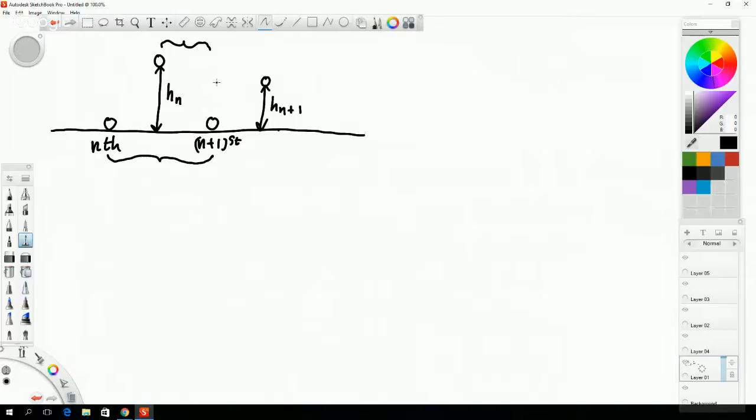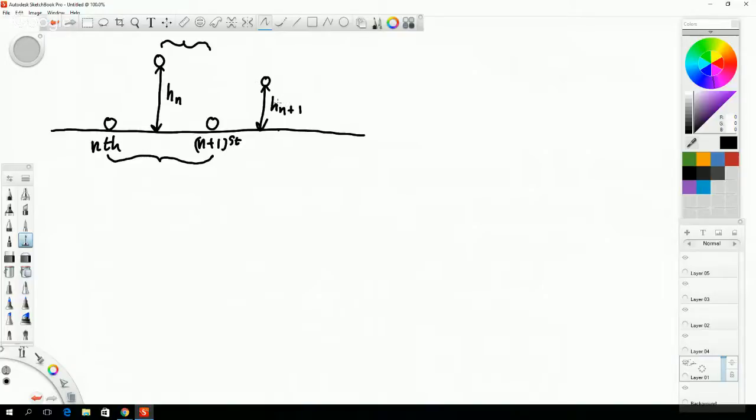Between the point of maximum height hn and the time at which the ball does its n plus first bounce, the ball is just falling down from an initial speed of 0 meters per second to the ground, and is being accelerated purely by gravity. Let's say that there's no air resistance.